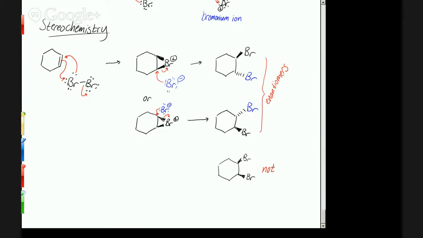That's right. So not formed in this reaction. That makes this a stereoselective reaction. So we call this stereoselective, which means that some stereoisomers are formed and some are not.